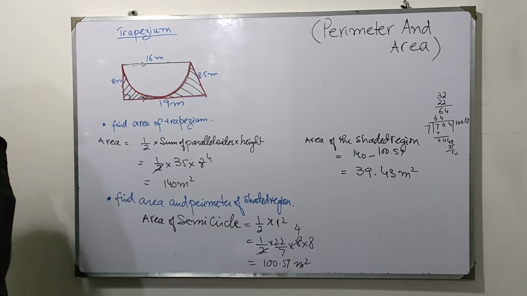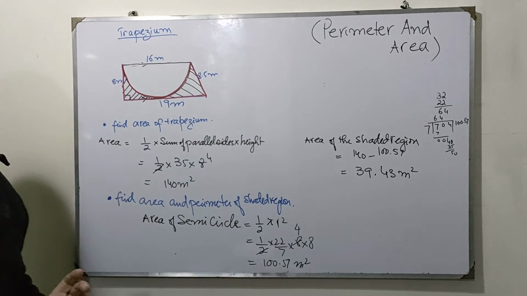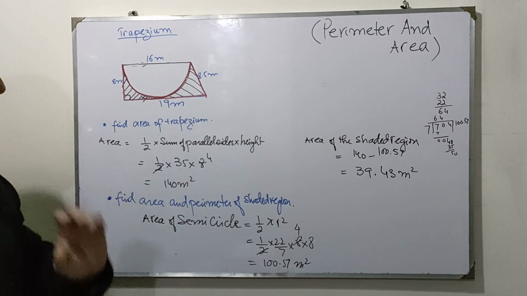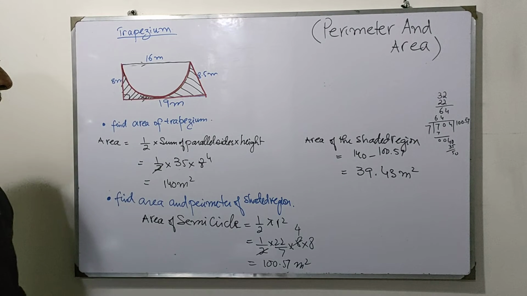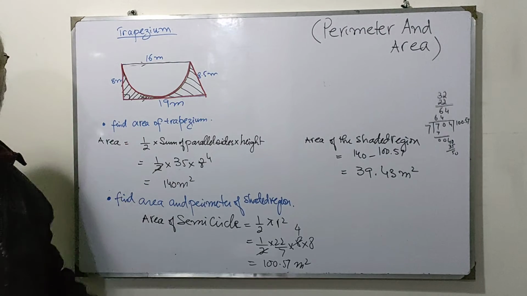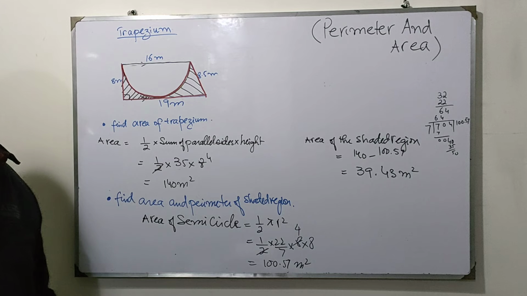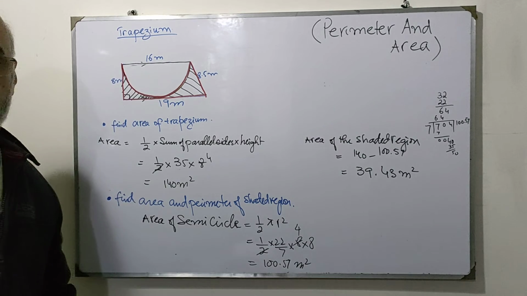So what do we have to do? 8 plus 8.5, 16.5, and then 19, right? Fine. 19 and this, 35.5, and with this we need the circumference of this semicircle, and we'll add this to the other figure, and we'll have the perimeter of the shaded region. So let's do that.